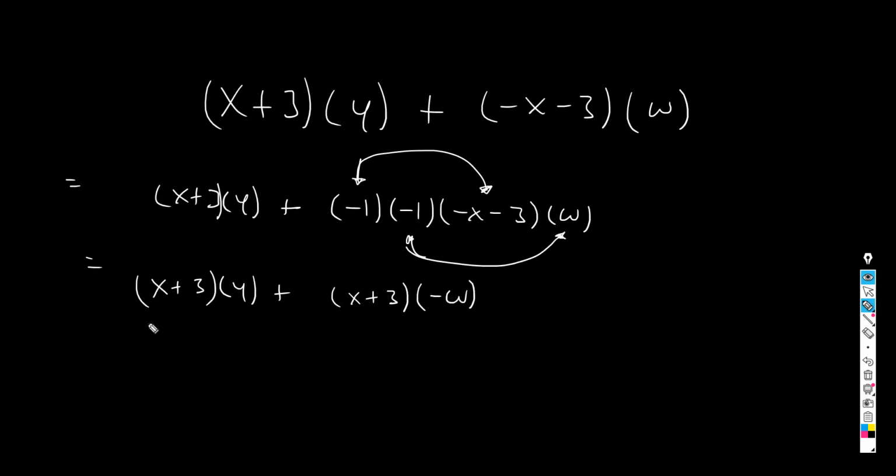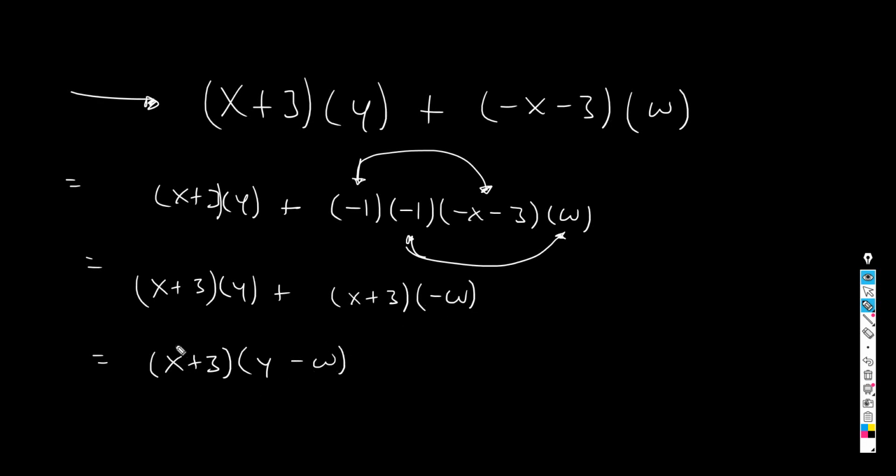And now we can see that my original expression actually has a common factor, which is x plus 3. I take it out, I choose it as my common factor, and then I can factorize in this way: x plus 3 times y to produce this, and x plus 3 times minus w to produce this one.